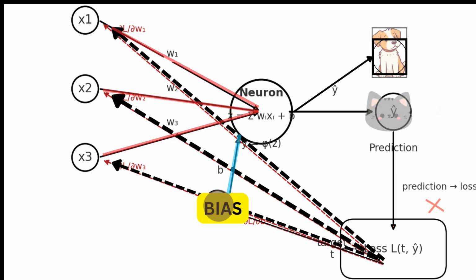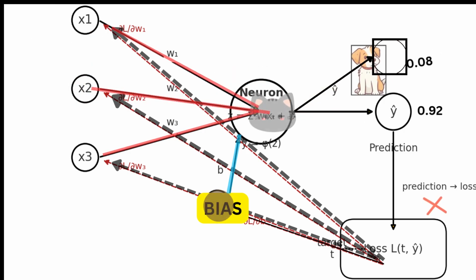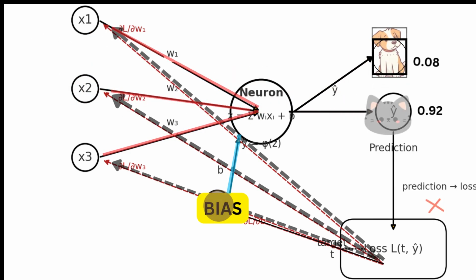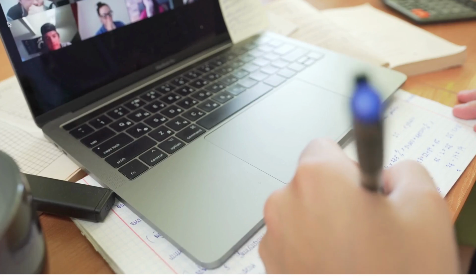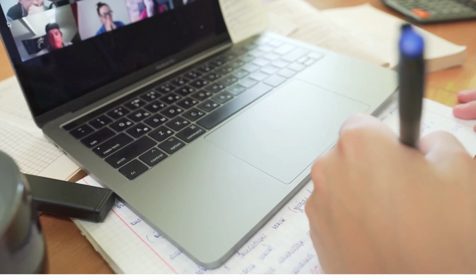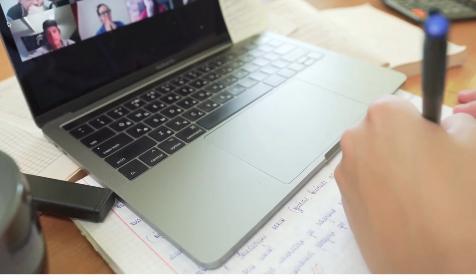The neural network learns by making predictions, checking how wrong it was, and adjusting its weights and biases accordingly. This process is called training and it often involves thousands of images, lots of mistakes, and eventually great accuracy. It's just like how we learn by doing, failing, and adjusting.